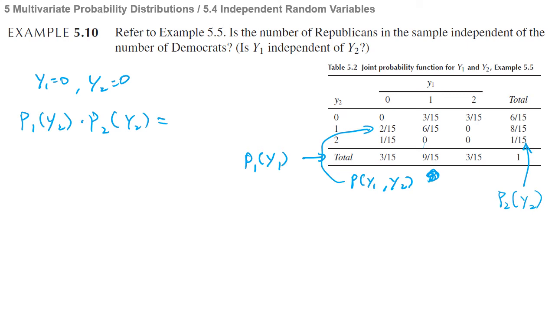It is 3 over 15 times 6 over 15. And what is the joint distribution? That is P00, and this is 0. So they are not equal, and so they are not independent. So here, y1 and y2 are not independent. Okay.